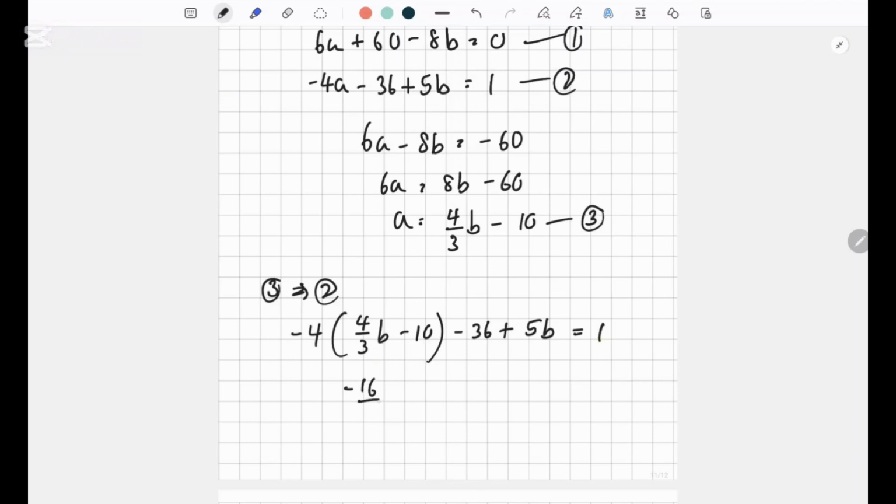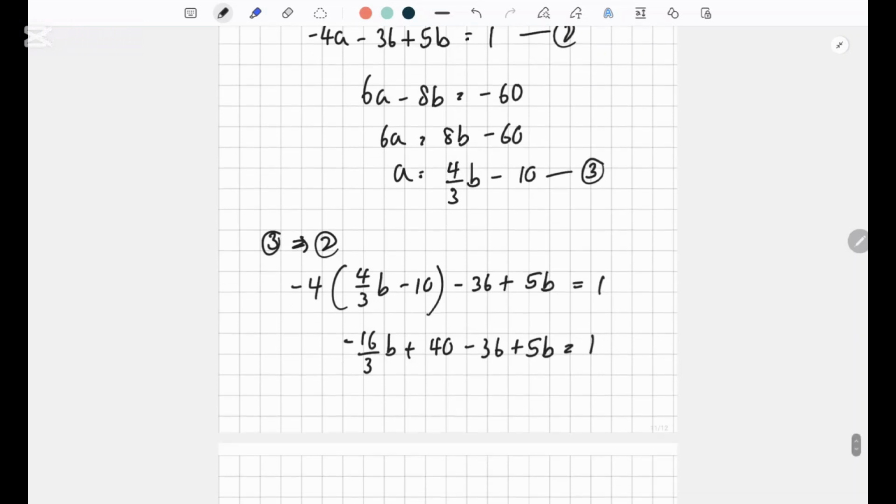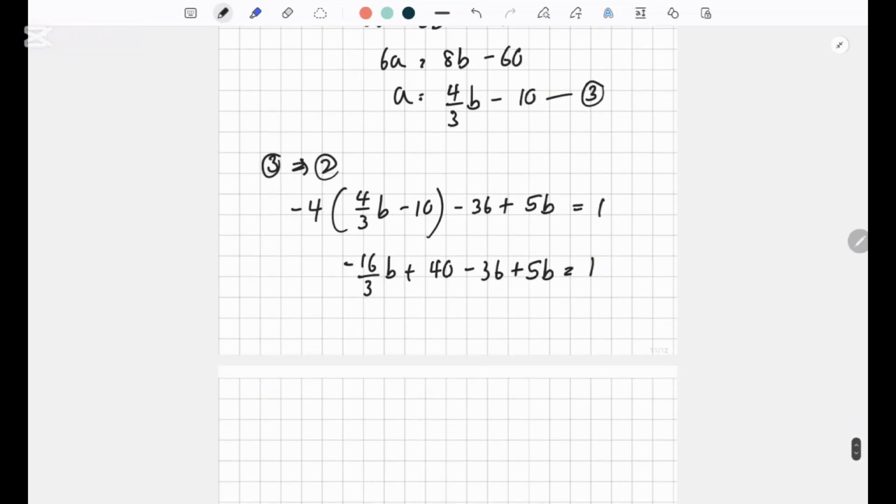Just giving you minus 16 over 3b plus 40 minus 36 plus 5b equals 1. This will give you, so minus 16 over 3 plus 5 is minus 1 over 3. B equals, 40 minus 36 is 4.